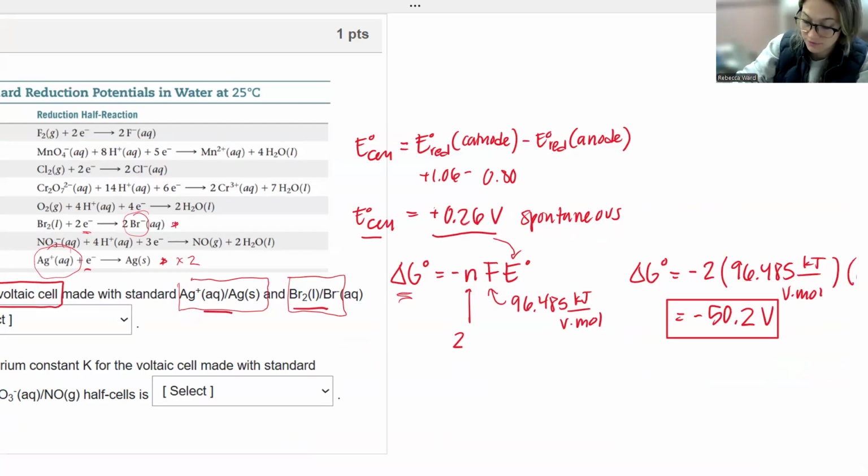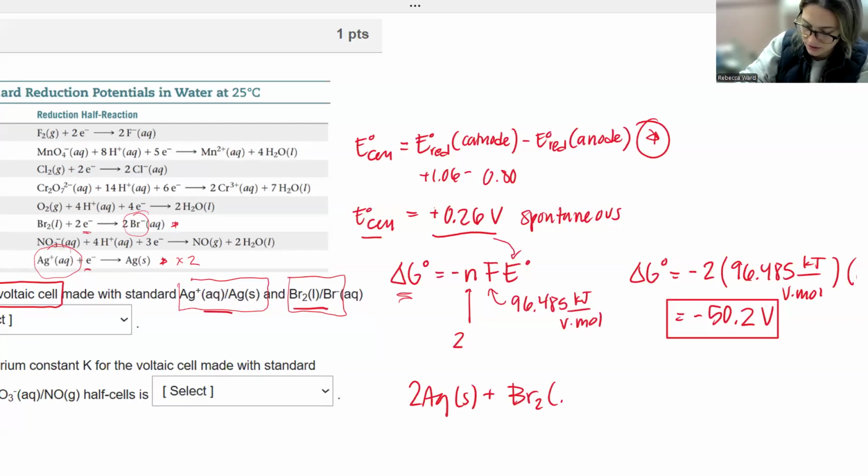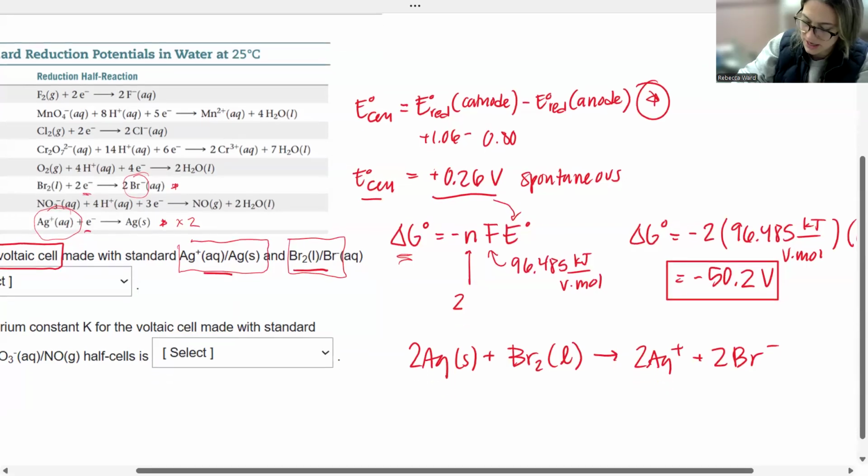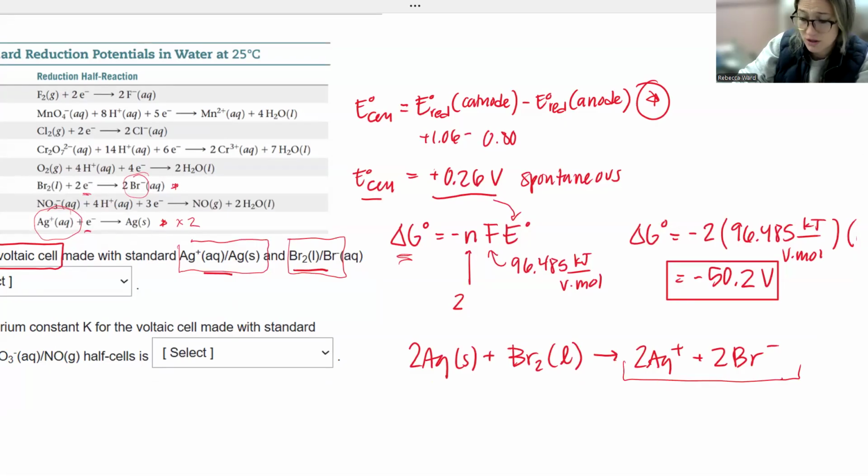Remember our forward process, as we've written it, is 2Ag solid plus bromine liquid goes to 2Ag plus and 2Br minus. So we're saying that at these standard conditions where I have 1 molar of these two aqueous components, I'm going to move forward and make more of them to reach equilibrium.